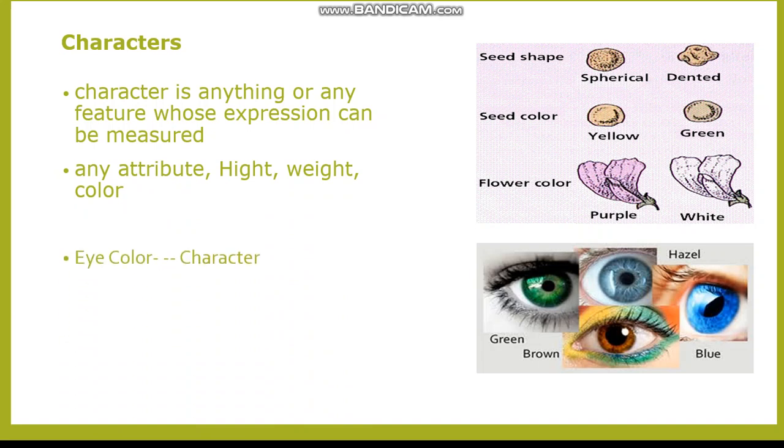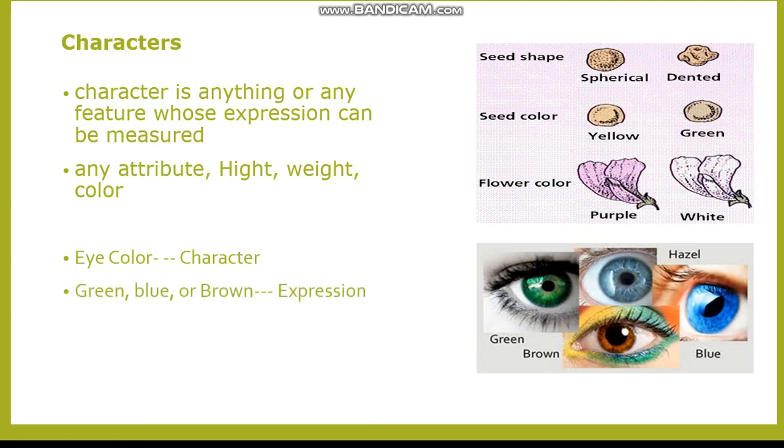If we take the example of eye color, eye color is a character, but there are different expressions of eye color. There are various colors of eye. These colors are called expressions of the character. So we can measure the variety of colors of eyes. So eye color becomes a character of an organism like human.